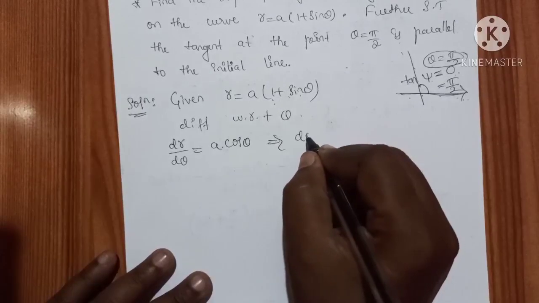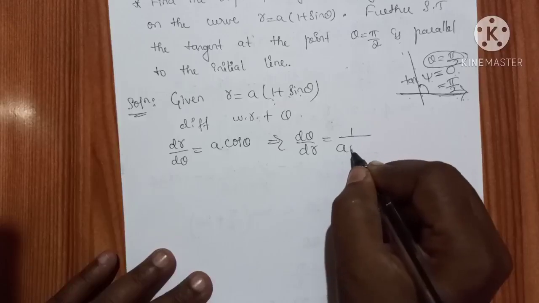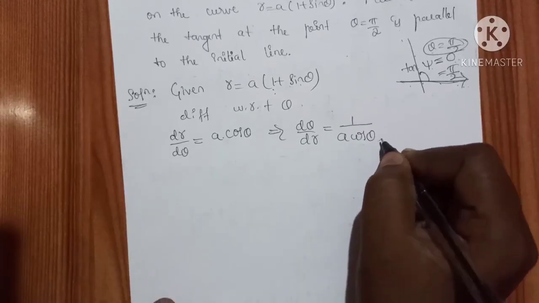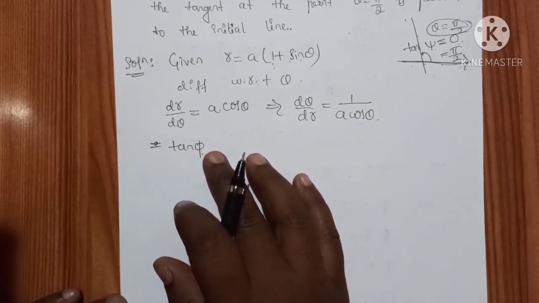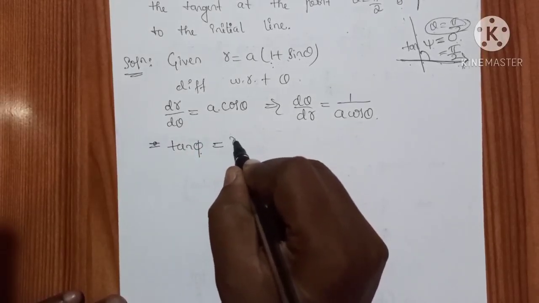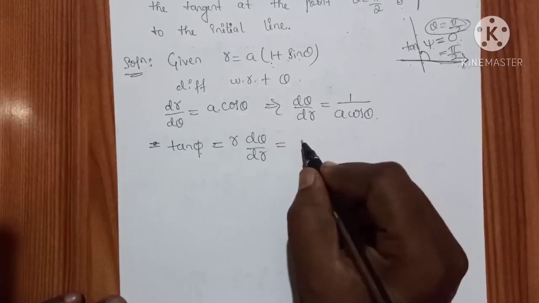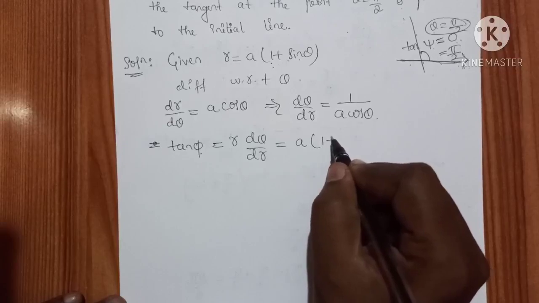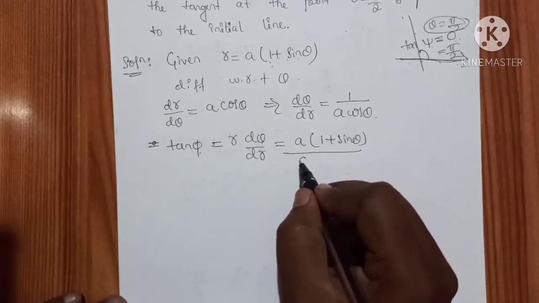Taking reciprocal, d theta by dr can be written as 1 by a cos theta. We have tan phi equals r d theta by dr. So substituting the r value, a into 1 plus sin theta divided by a cos theta.